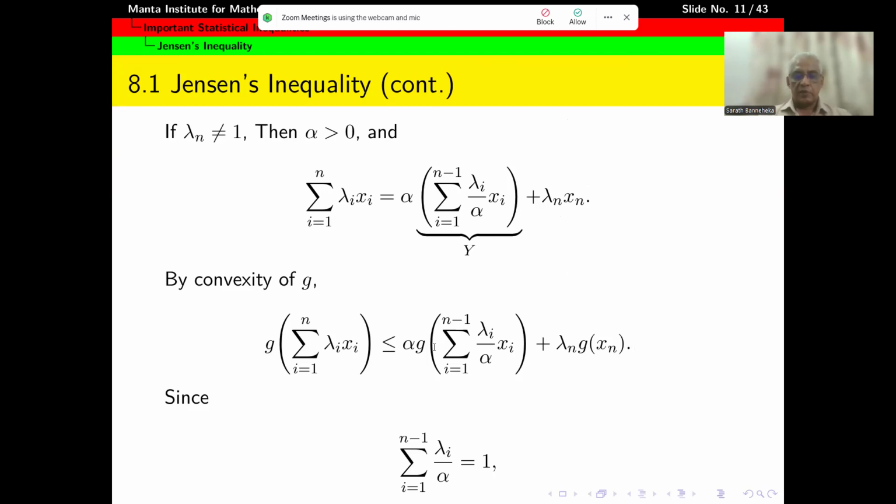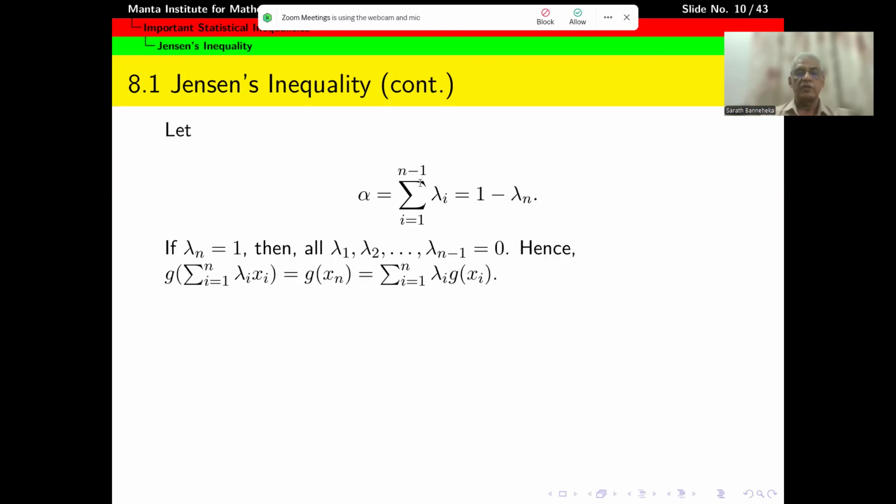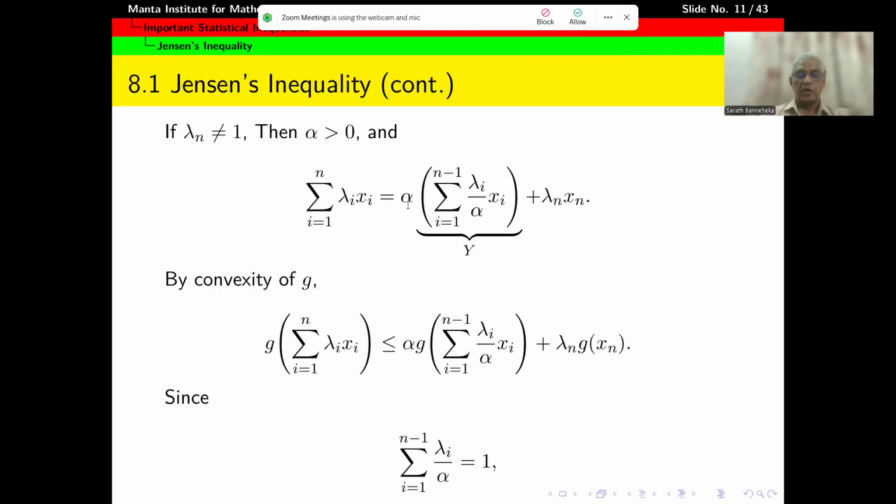But this summation here, lambda i divided by alpha, if you consider it up to n minus 1, is going to be equal to 1 according to the way that we defined alpha. Alpha is equal to this quantity, therefore that quantity divided by alpha will be equal to 1.